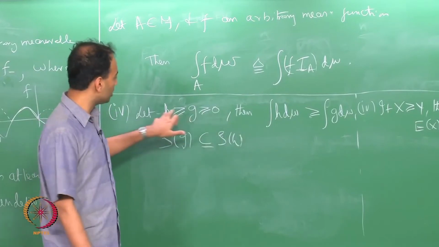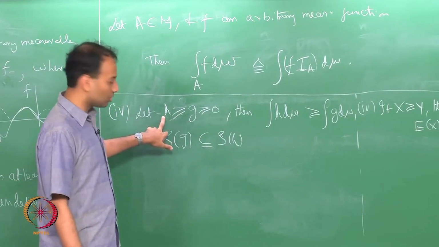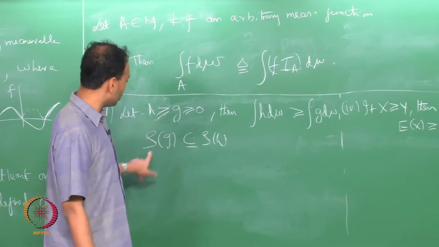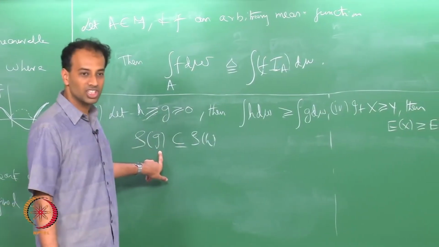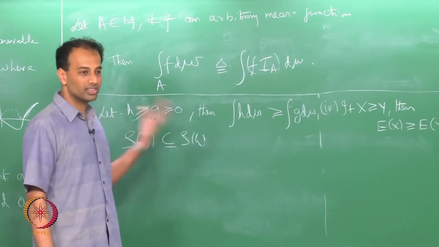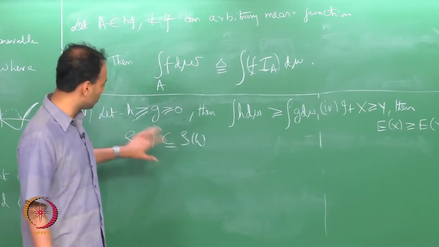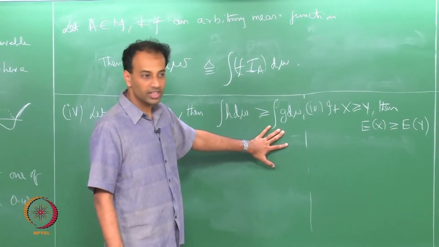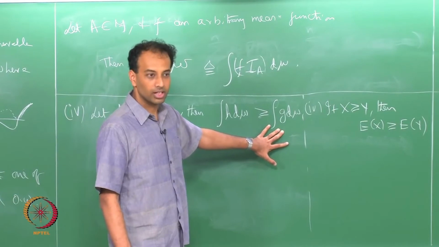The integral of H d mu is the supremum over S H, and the integral of G d mu is the supremum over a smaller set S G, and therefore the supremum over a bigger set is always bigger than or equal to the supremum over the smaller set, and this will follow. Any questions?